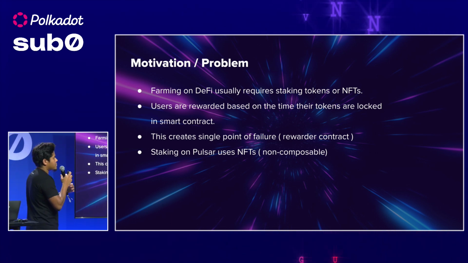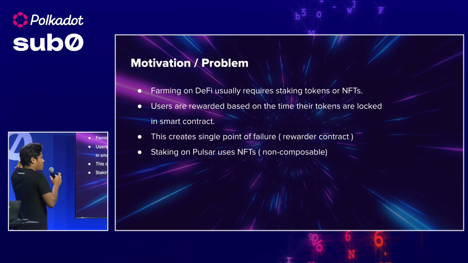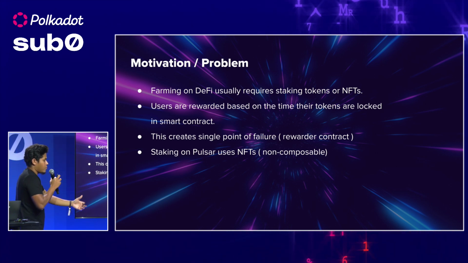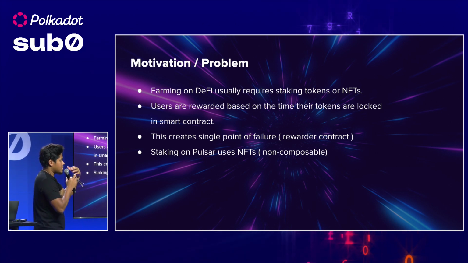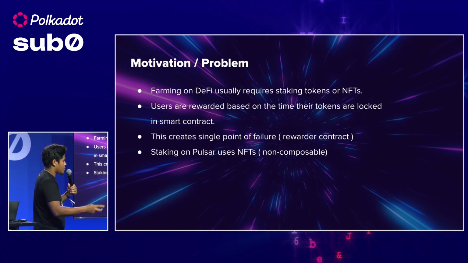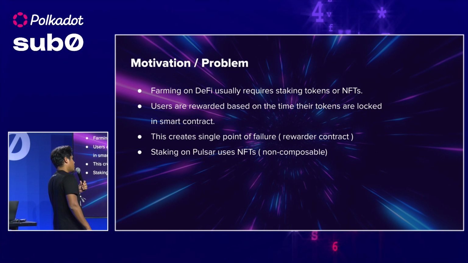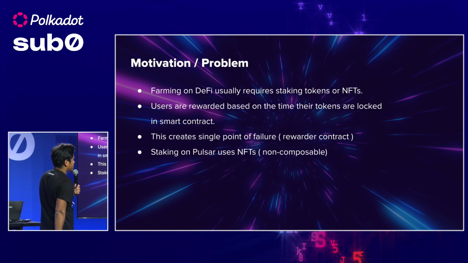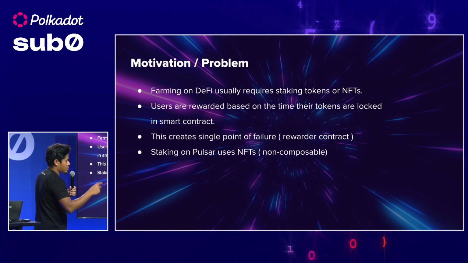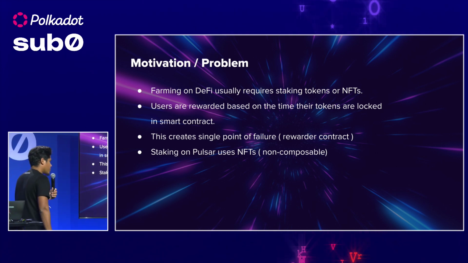They're rewarded based on their tokens locked and several other conditions, right? Whether their liquidity is in range, in the context of concentrated liquidity. This creates a single point of failure, right? The rewarder contract is in charge of giving out the rewards.